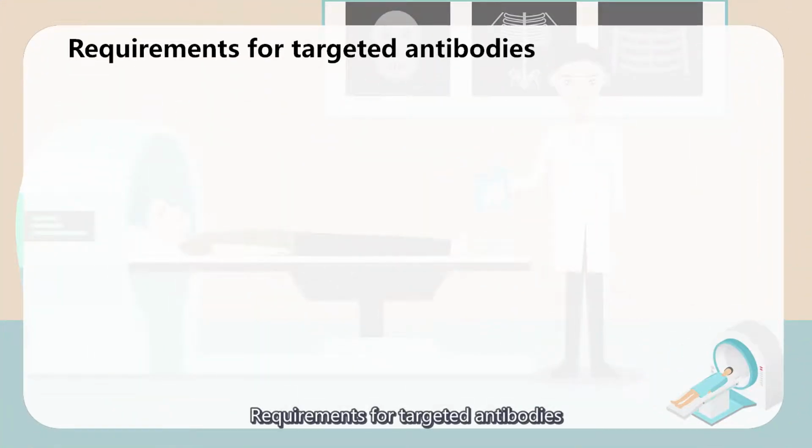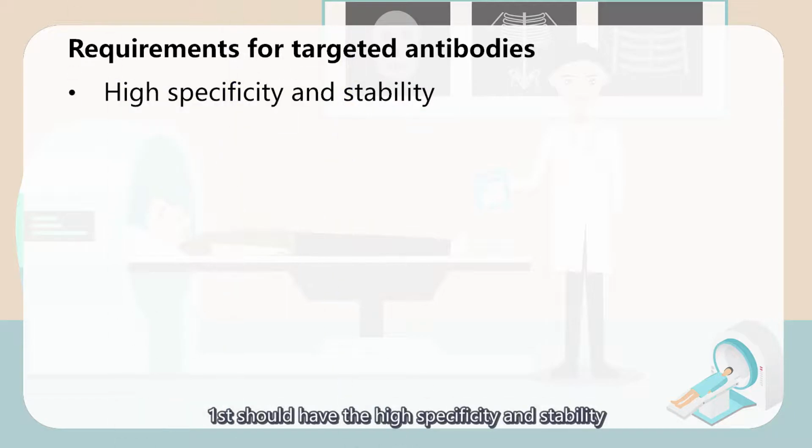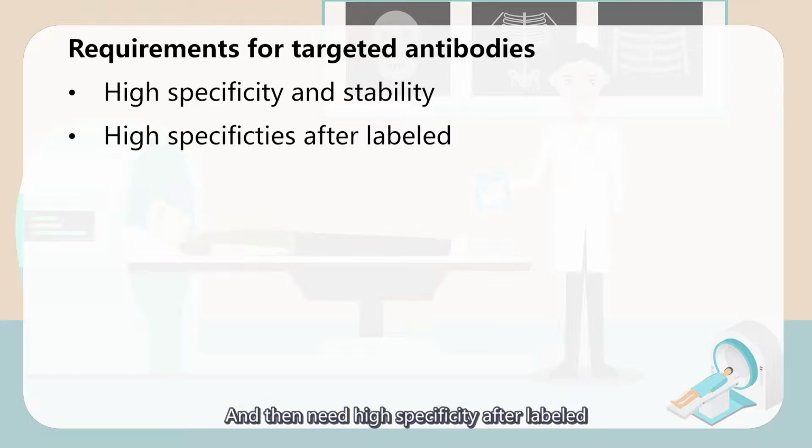Requirements for target antibodies. First, they should have high specificity and stability, and then need high specificity after labeling. That means when you label the antibody with the radioisotope, it cannot change its specificity.